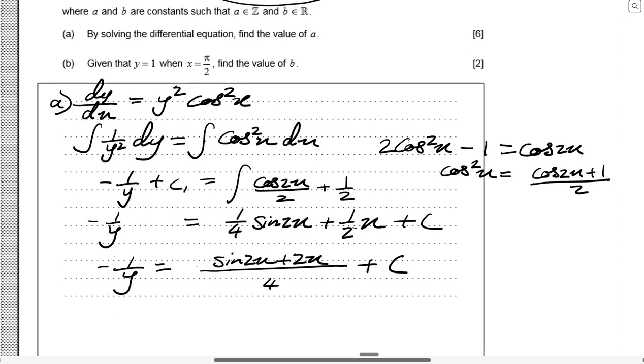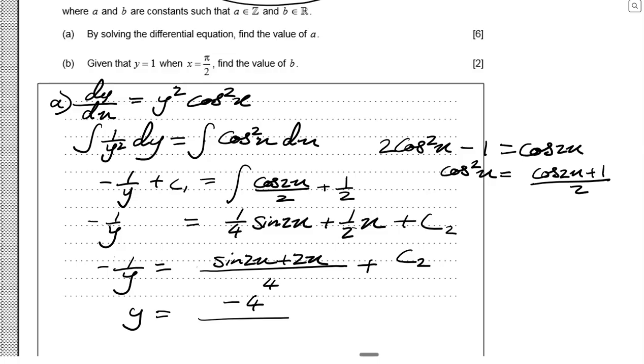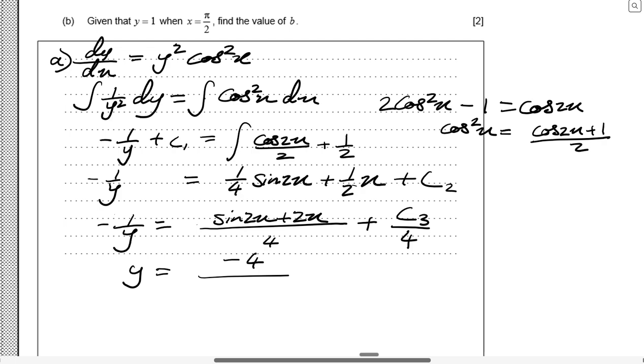Now we want to bring that y up, and so what we get is y is equal to negative 4. And we can say, how about we make this c2? And what we have is c2 over 4, c3 over 4. So let's bring c3 down here.